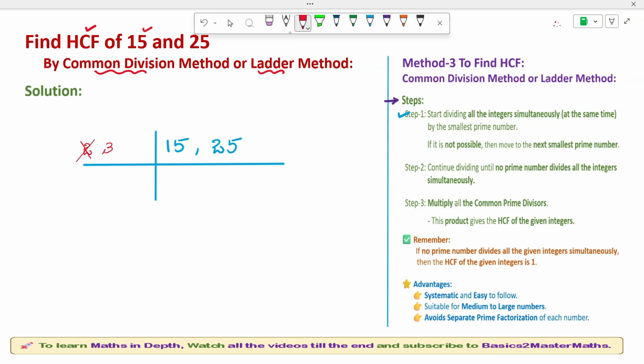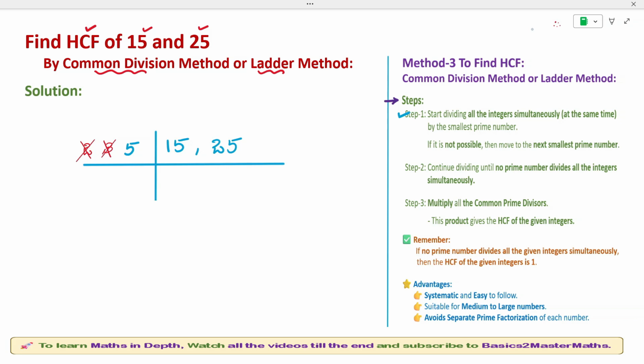Again, since 3 does not divide both integers 15 and 25 exactly, we move to the next smallest prime, 5.